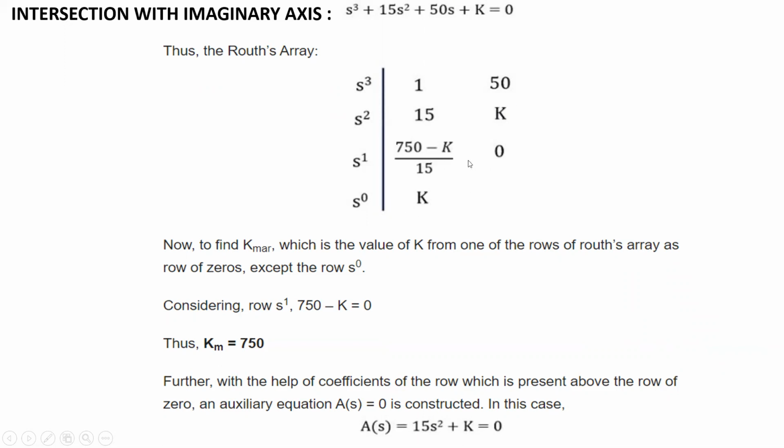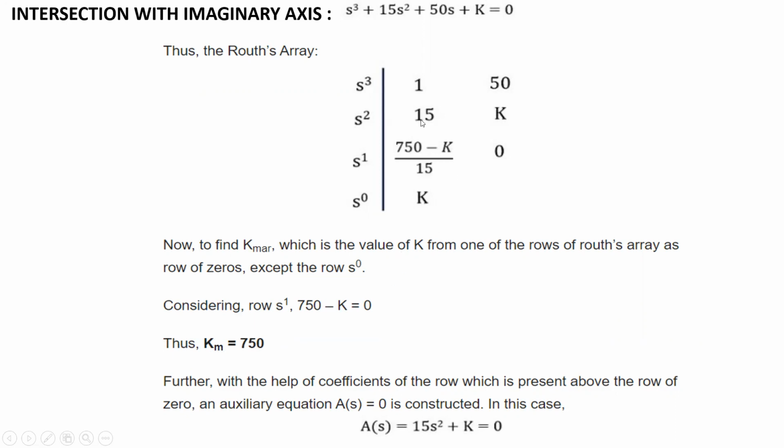So in order to intersect this root locus with the imaginary axis, what we need is the auxiliary polynomial. So for that, we need to make an entire row of the Routh-Hurwitz array 0. So to make this 0, we have k equal to 750. This k is termed as the marginally stable value of k, for which the system will be marginally stable.